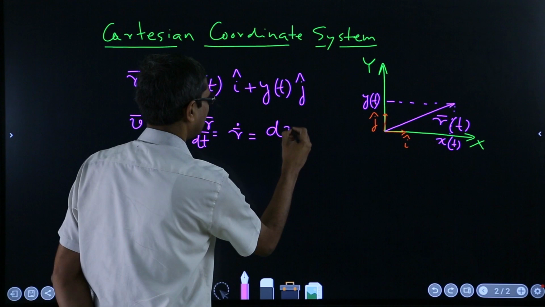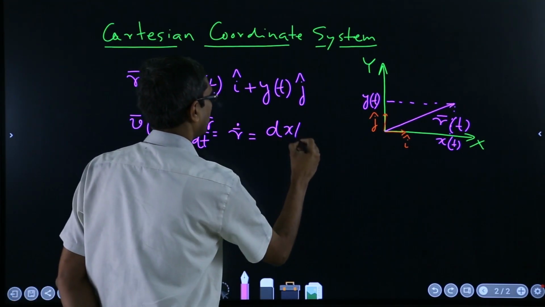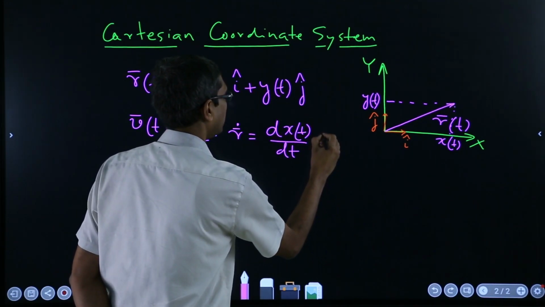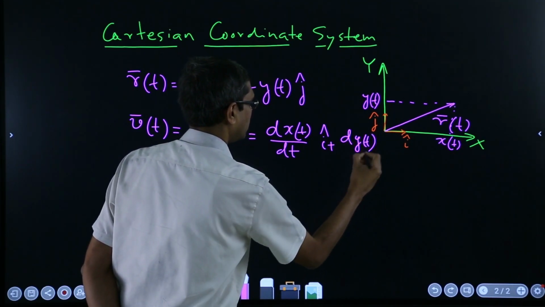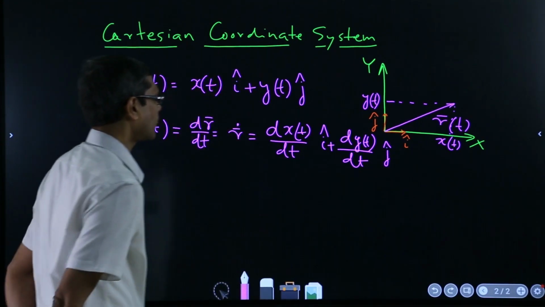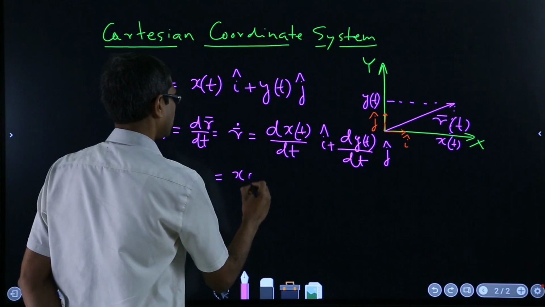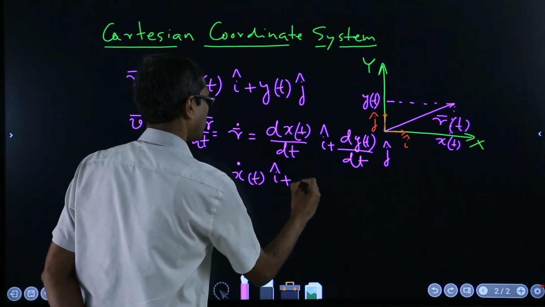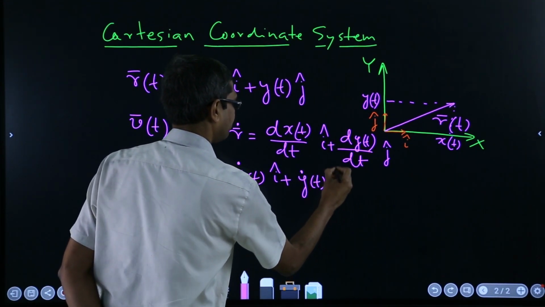Once I'll write it explicitly, dx(t)/dt i plus dy(t)/dt j, or in short form, x dot of t i plus y dot of t j.